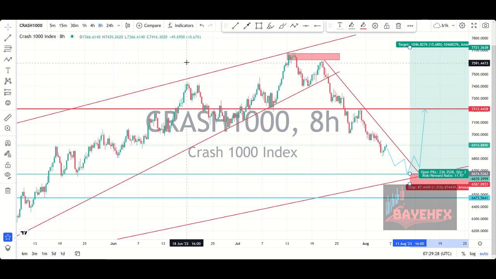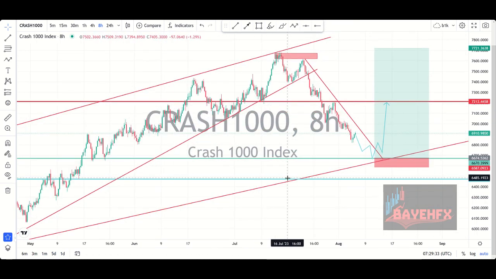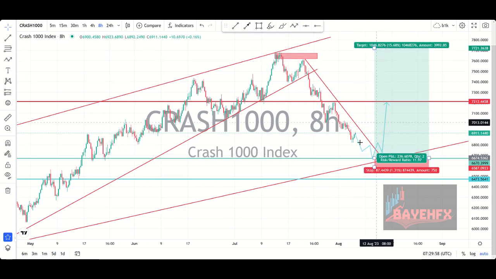So we're expecting the market to come there and then we start looking for buys to the upside on Crash 1000, right? So use proper risk management, because this particular pair is very, very volatile, because one spike against you could really do a lot of damage. But if you use proper risk management, you're safe. Just wait for the market to come to you, then you sell. The market's going to crash completely down to this particular zone, then you start looking for buys to the upside.